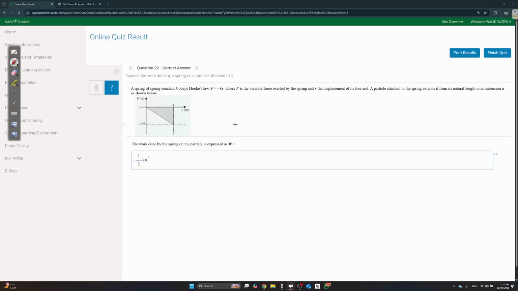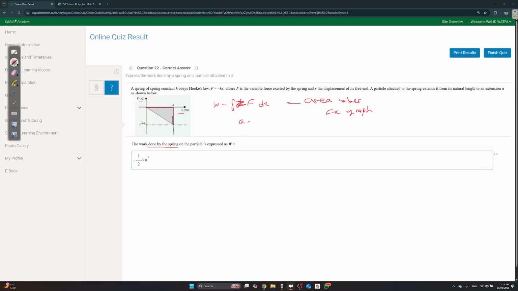Obviously, the work done by the spring. Anytime you have an Fx graph, and they're asking for the work done by the spring, you just find the area. If it's an Fx graph, remember work is equal to the integral of F dx, which is also equal to the area under the Fx graph. This is a triangle.